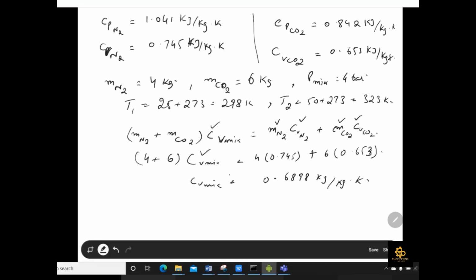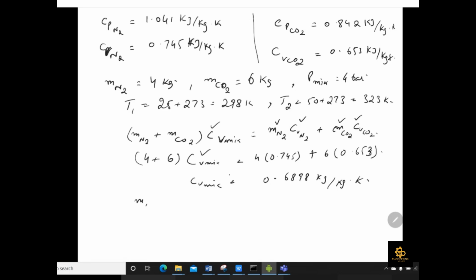Okay, so a similar procedure we have to adopt for the Cp value of the mixture also. What we have to do is replace mass N2 plus mass CO2 times Cp mix, and on the right side use the Cp values instead of the Cv values: mass N2 times Cp N2 plus mass CO2 times Cp CO2.